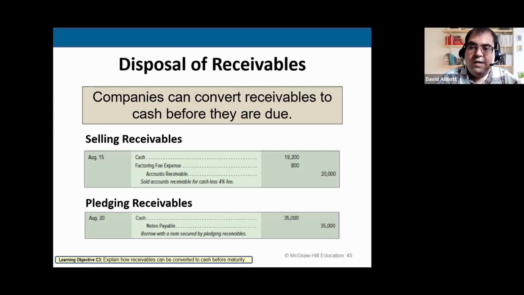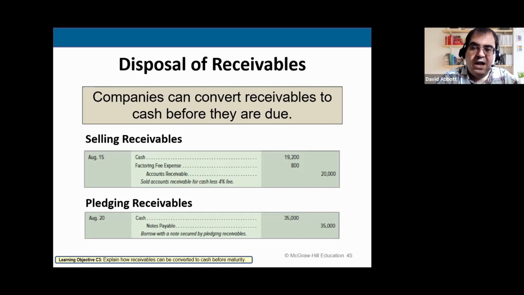And then you would credit the accounts receivable for $20,000, because that clears it off your books, because now you no longer are concerned about the accounts receivable. You've now sold that to a finance company or a bank, and they're the ones that would worry about it and are going to collect it.